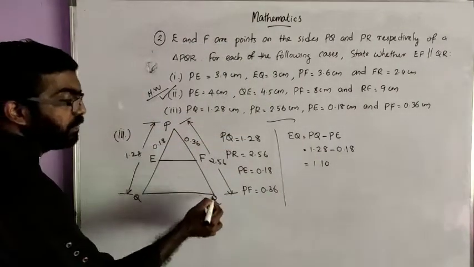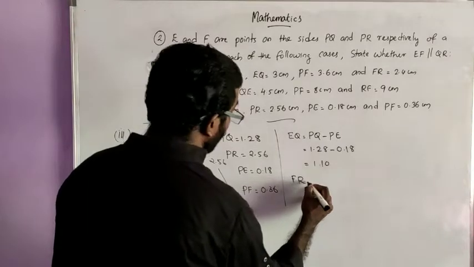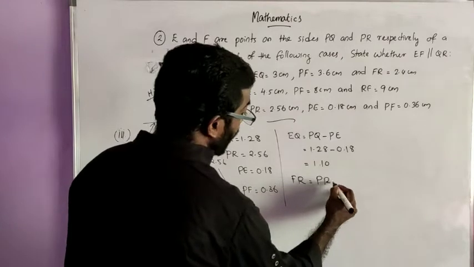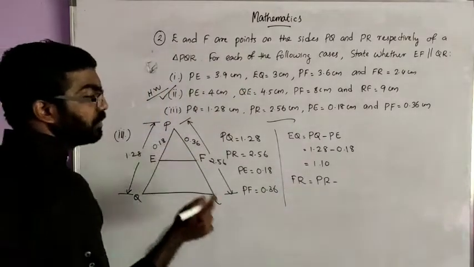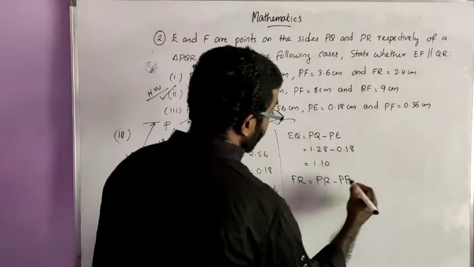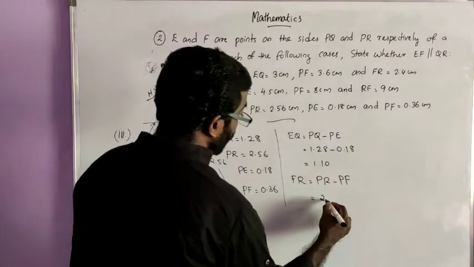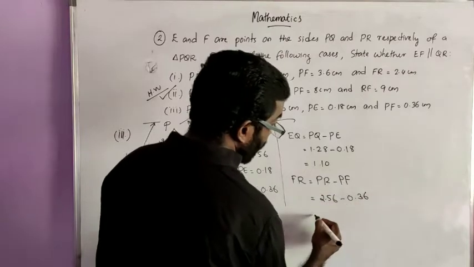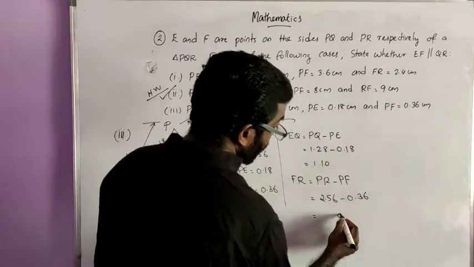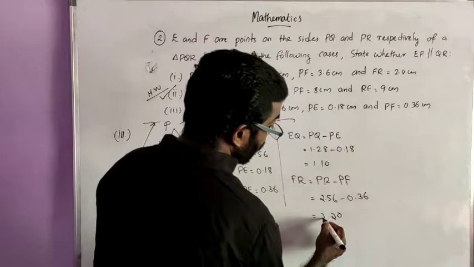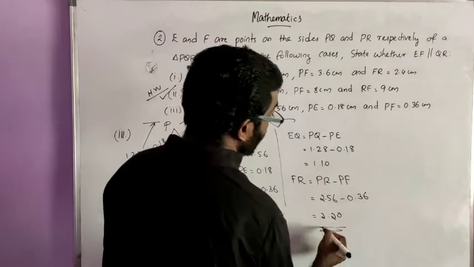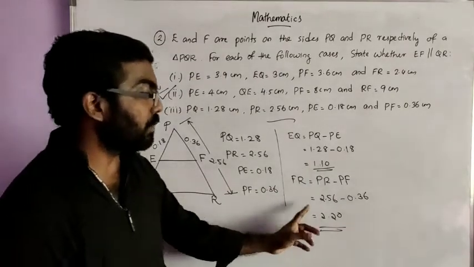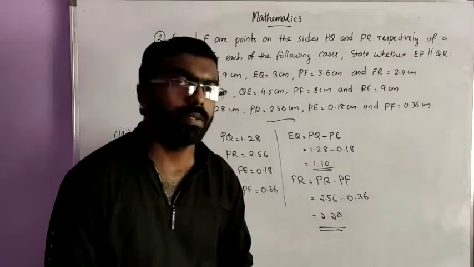Similarly, you can find FR. FR is equal to the total distance PR minus the known value PF. So PR minus PF is 2.56 minus 0.36, and that will be equal to 2.20. So EQ is 1.10 or 1.1 and FR is 2.20 or we can say 2.2.